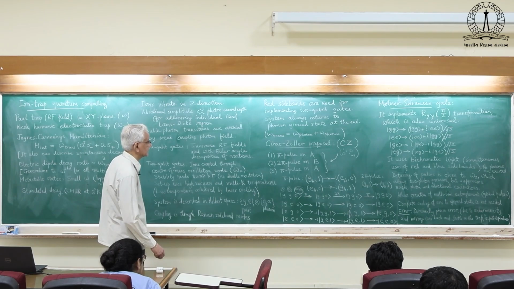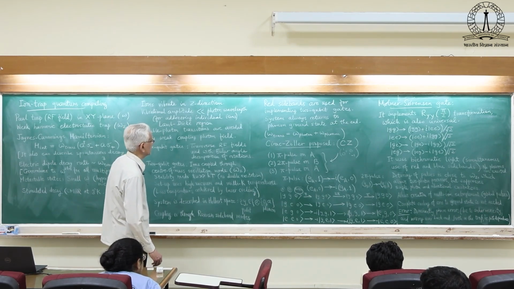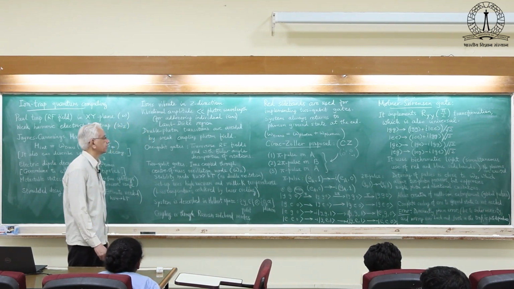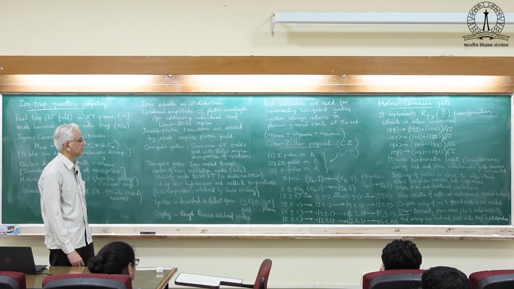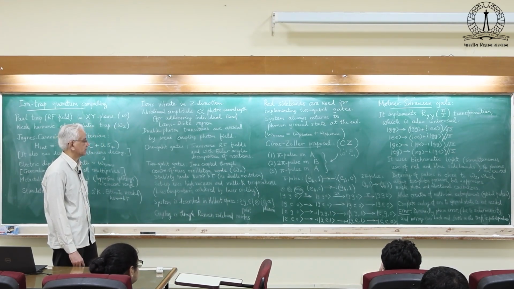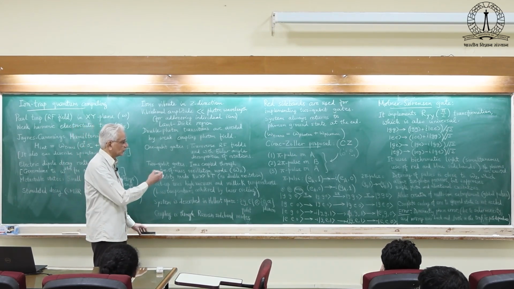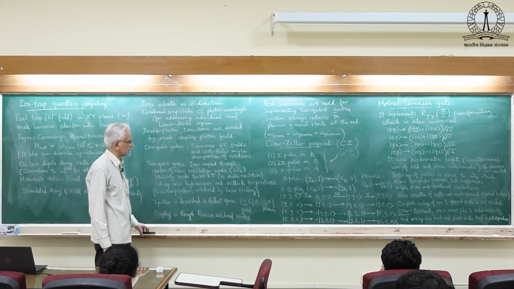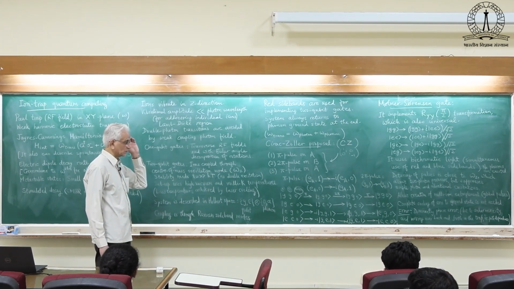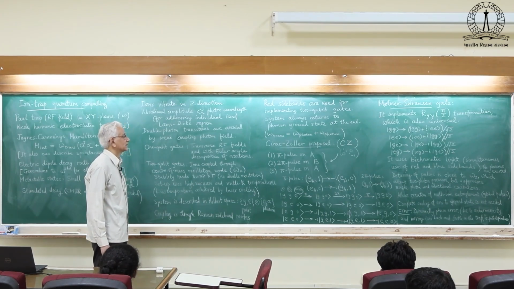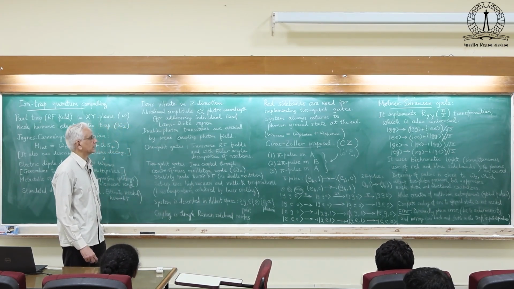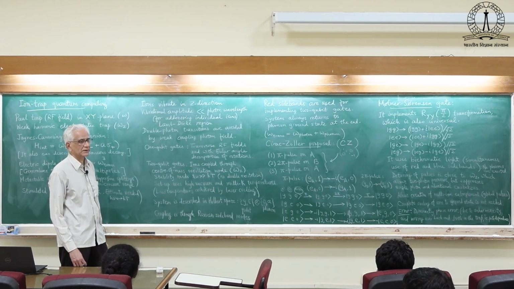So that is as much as I want to say about these ion traps. And the next topic, which is overlapping to a large extent with whatever goes on here, though it is a different kind of hardware, is what is known as neutral atom quantum computing.